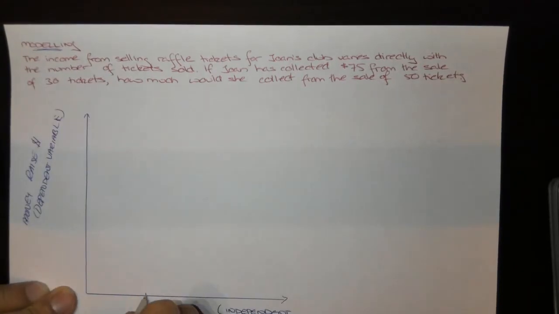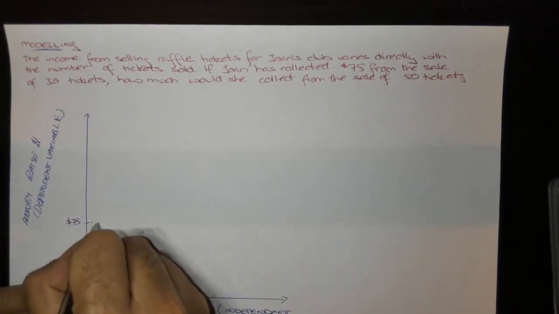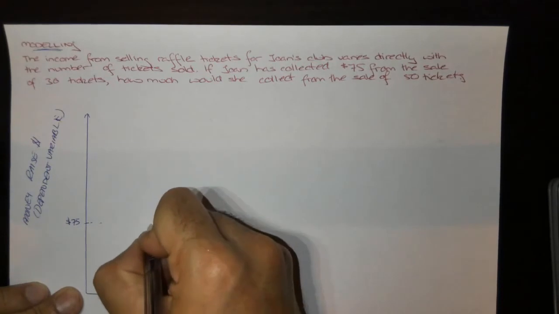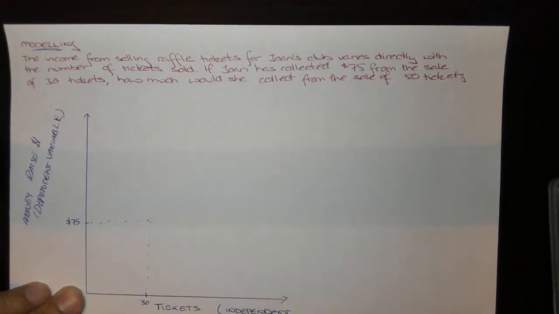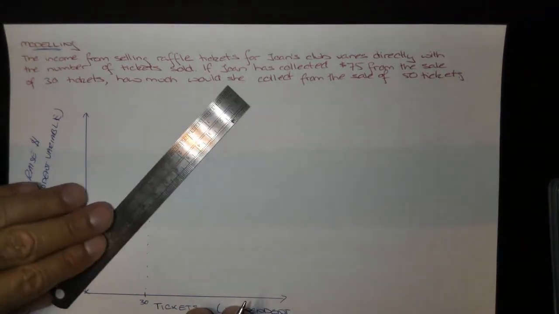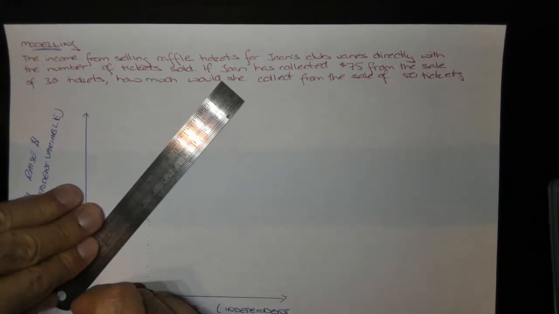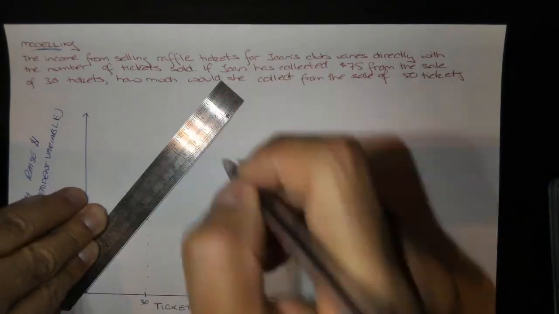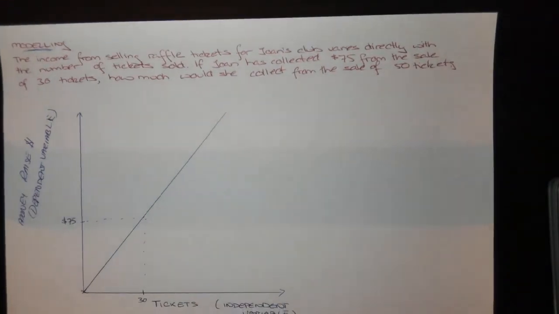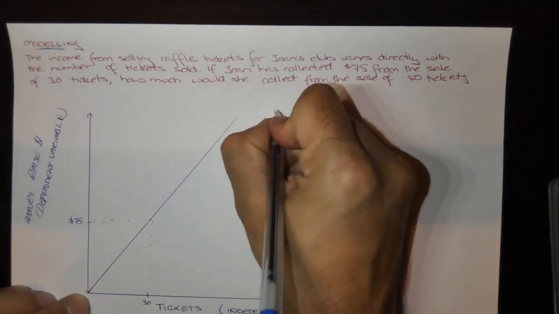So it says, this is just a graph, if I sell 30 tickets, I should raise $75. And the ideology is if I sell no tickets, I should have no money. Yeah. So we're having a straight line. What it wants me to find out is eventually how much would I be able to get if I sold 50 tickets, 100 tickets, whatever number. Okay. So first we've got to figure out how much per ticket.